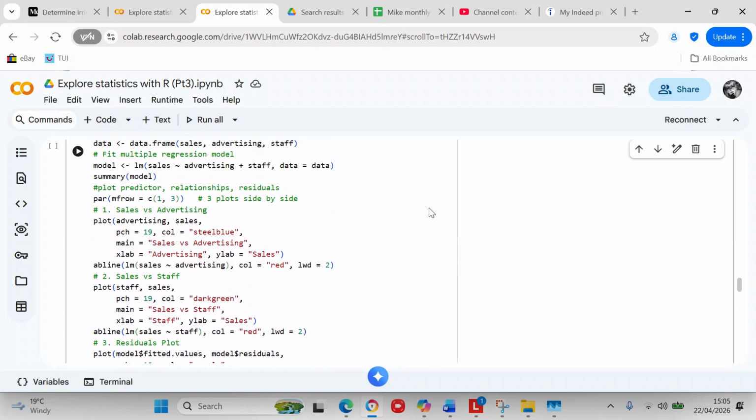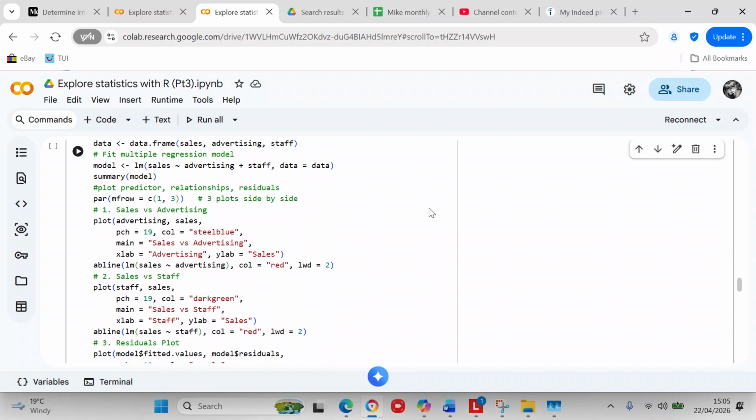So now we're going to plot the predictor relationships and the residuals. So you've got par brackets mfrow equals c, which is going to be a vector 1, 3. So you're going to have 3 plots side by side. And then so 1, we're going to have sales versus advertising.